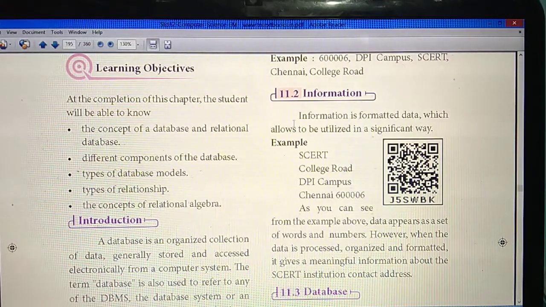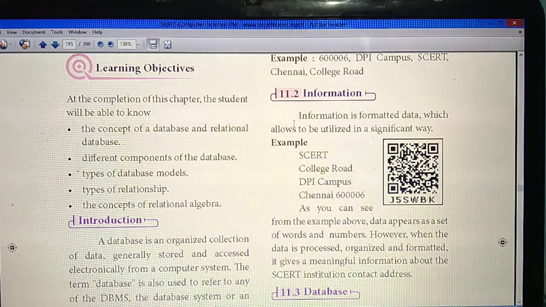By seeing the information itself we can analyze the meaning of it. In the last example, 6006 is separate data, DPI campus is separate data. But information means by seeing it you can identify the meaning of it. So that is formatted data. By seeing it you can identify it and utilize it according to your way.